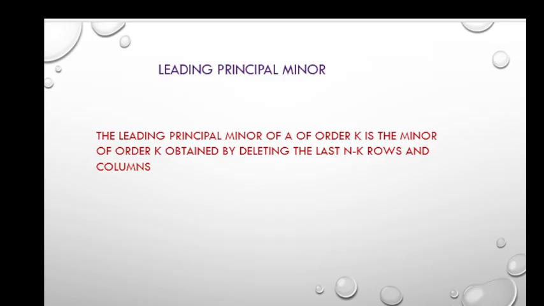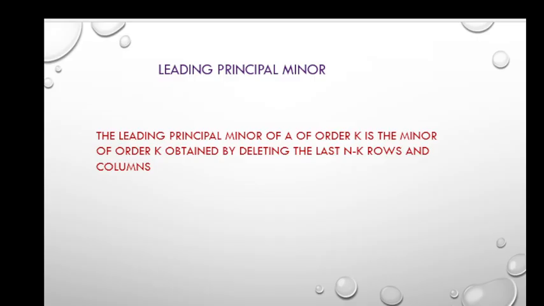In principal minor case, we just delete n minus k rows and corresponding n minus k columns. But here we delete the last n minus k rows and the last n minus k columns.